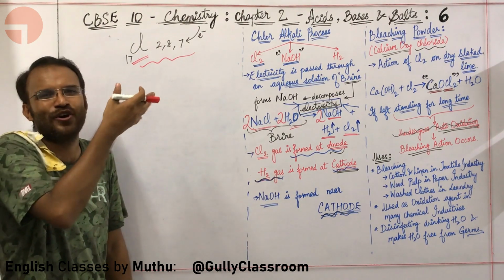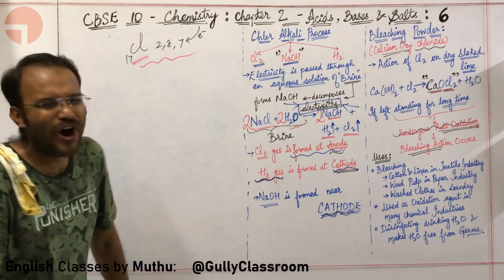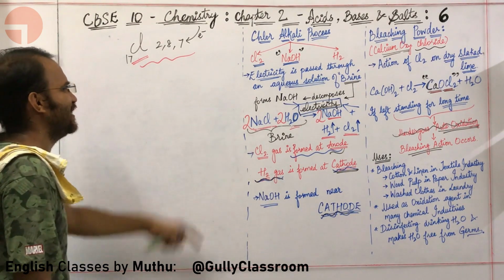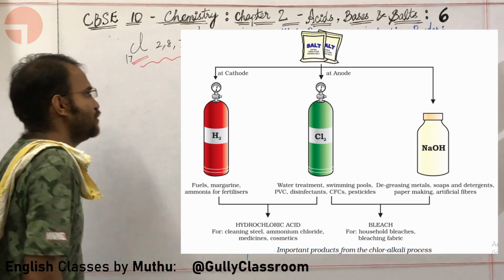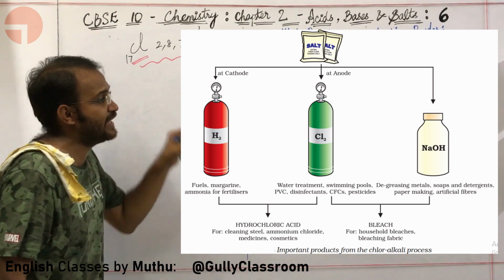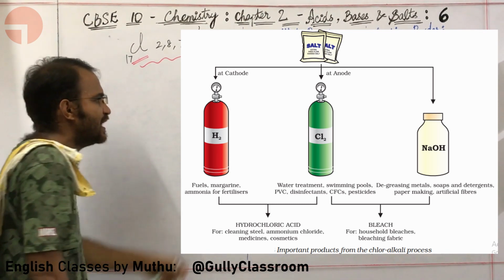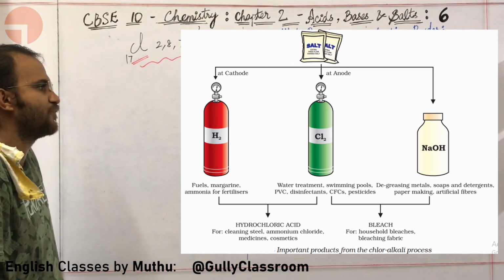That is because excess chlorine steals the electrons even from your body. So chlorine can be used as a disinfectant. It can be used in the manufacture of PVC, polyvinyl chloride, CFC, chlorofluorocarbon, and pesticides. That's basically the applications of chlorine.